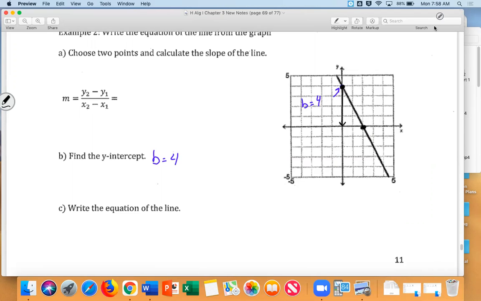Yeah. How many blocks? 4. And down is negative, and how many to the right? 2. So my slope is -4/2. But I can't leave it like that. Sophie, what is -4/2?